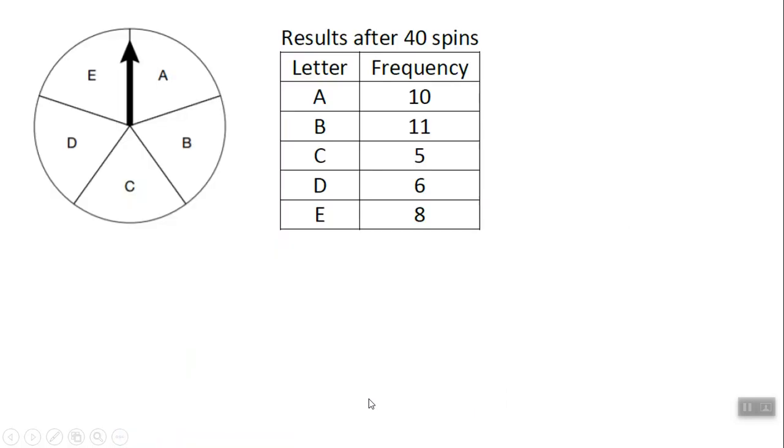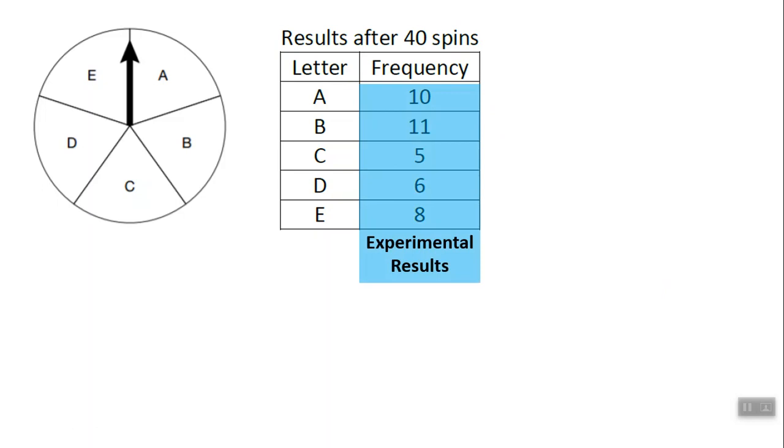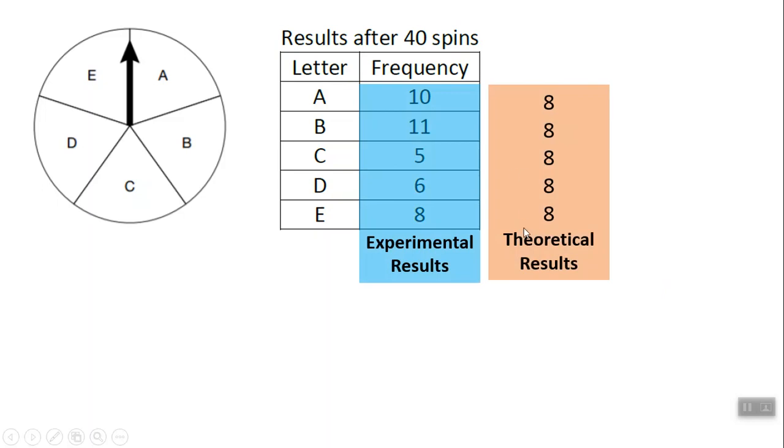All right, moving on. So we've got a spinner here, and it's showing results out of 40 spins. Now, is this table showing experimental or theoretical? It's showing that you actually did the spinning. This would be experimental. And then theoretically, they all would have appeared 8 times, because basically 5 different outcomes, 40 divided by 5 gives you 8.